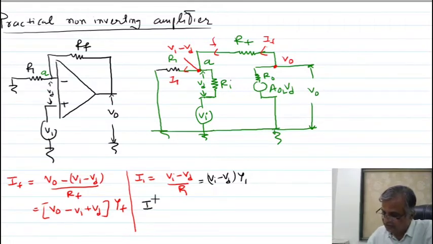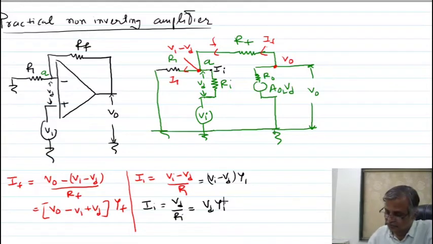And this current here is Ii. This Ii is nothing but Vd upon Ri, so I can write Vd into Yi. So we know this equation.